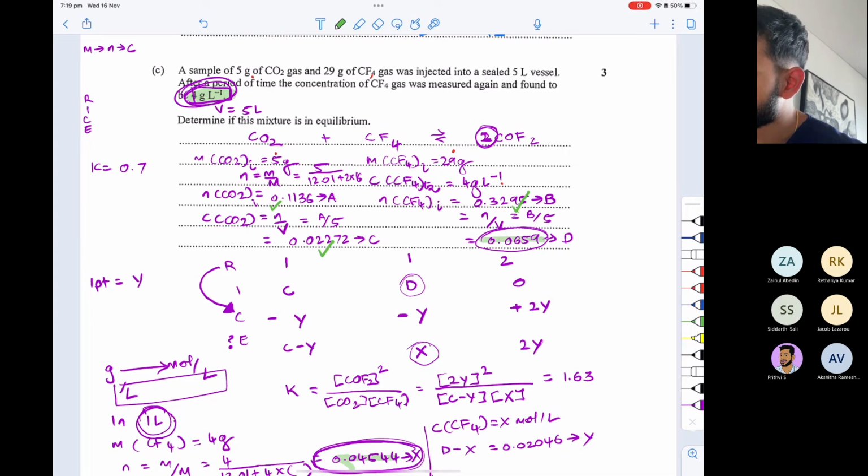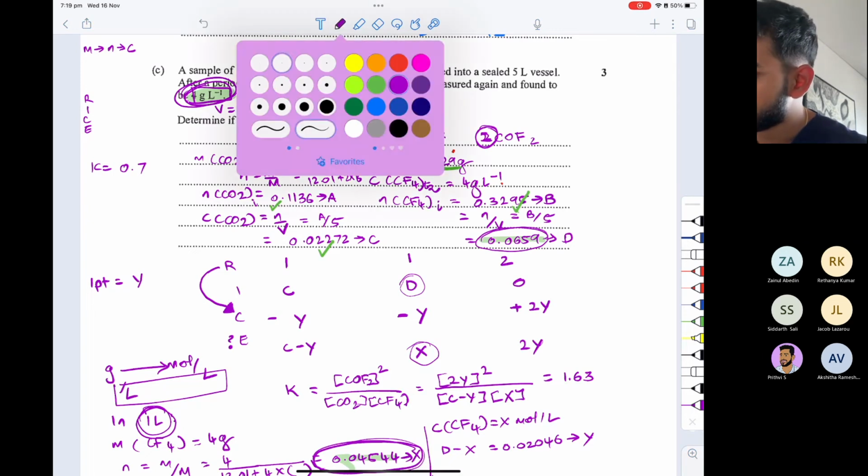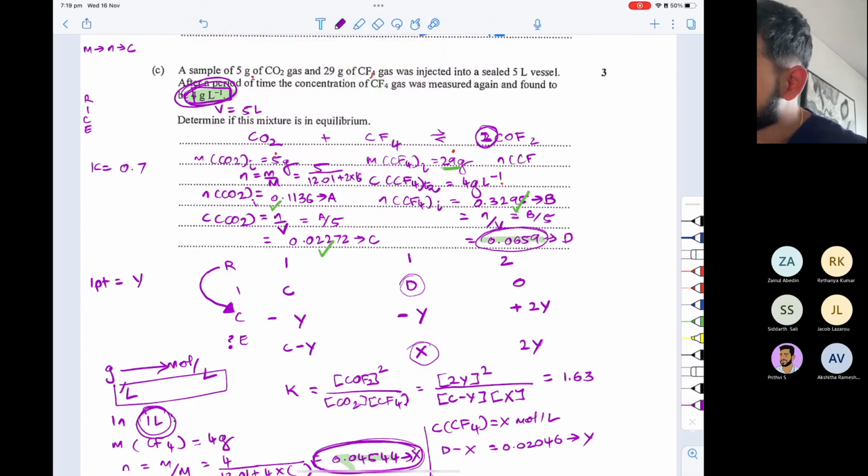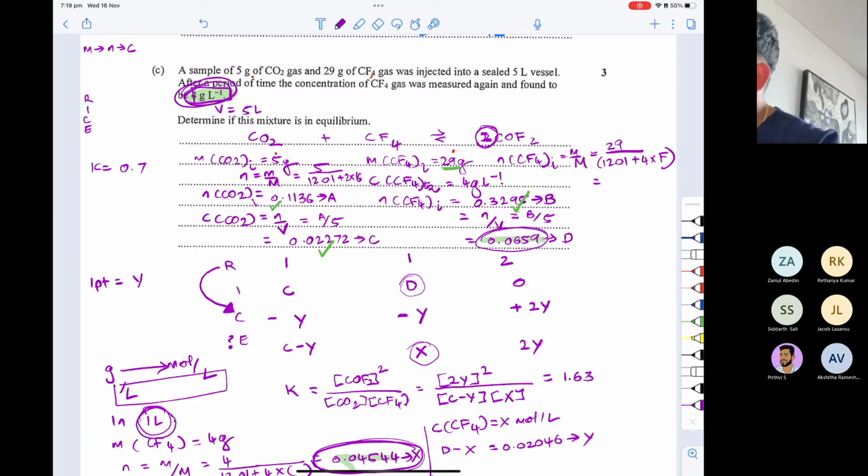So this 29 grams, when you divide it by CF4, the number of moles of CF4 initially is equal to mass over molar mass, 29 divided by 12.01 plus 4 times fluorine, whatever that is. Is that equal to 0.3295? Yes. Good. Next, divided by 5. Is that equal to 0.0659?